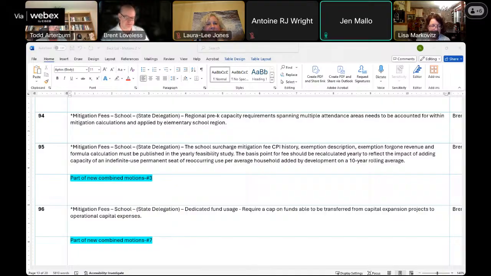So we are required to provide spaces for students who are considered tier 1, which is up to 300% of the poverty level at age 4. Now that is going to go to 600% of the poverty level, which would be tier 2, and that'll be a prorated rate.